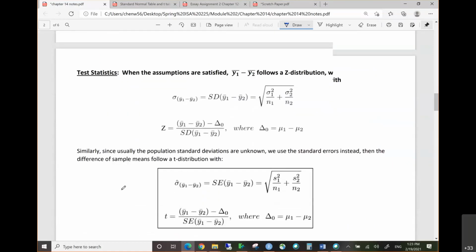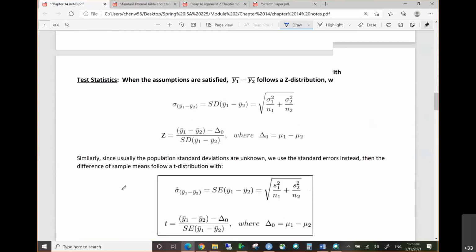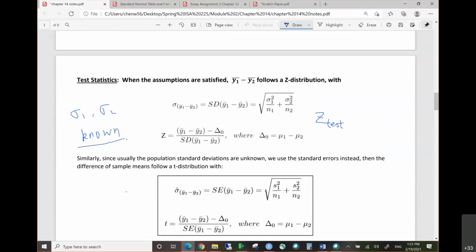So whenever we want to deal with the population mean, we always have two cases. One case is when the population standard deviations are given. Then we have the z-test statistic, right?